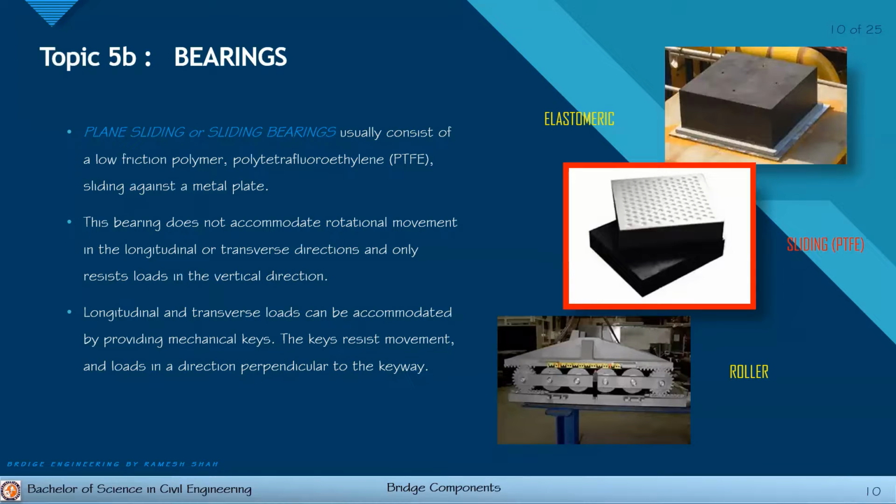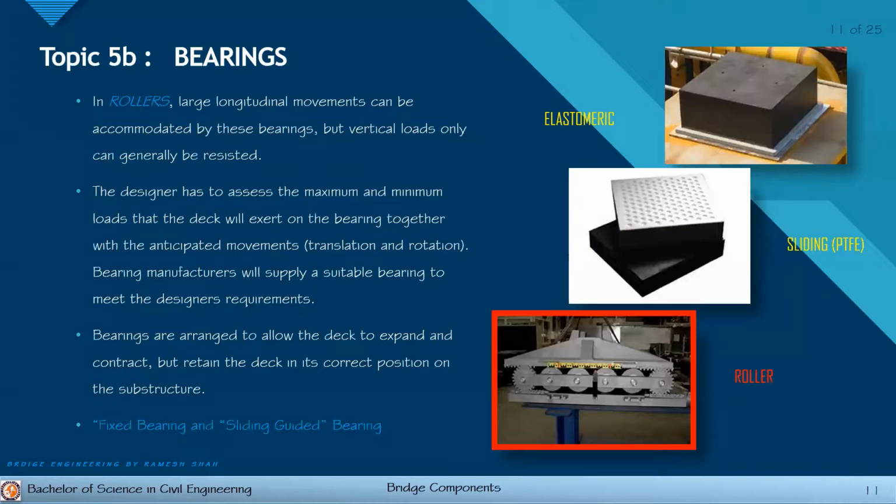Longitudinal and transverse loads can be accommodated by providing mechanical keys. The key resists movement and loads in a direction perpendicular to the keyway. So, pwede din nating i-reinforce at ma-resist ang ating longitudinal and transverse load using the mechanical key. So, we have also here the next type, the rollers.